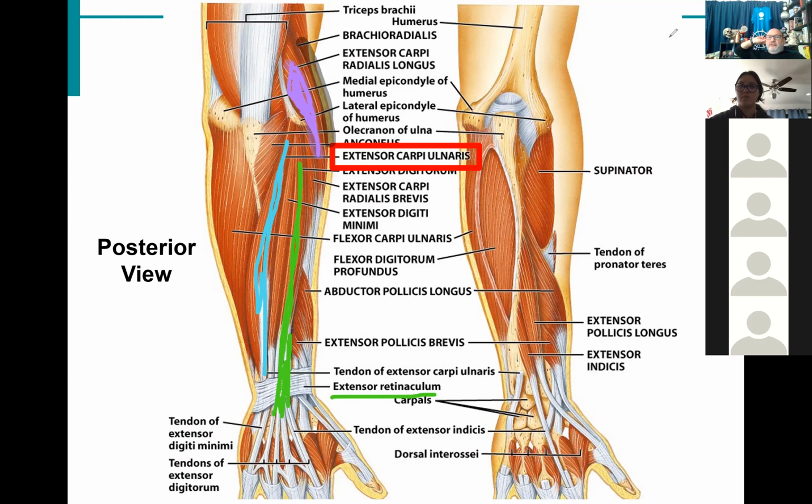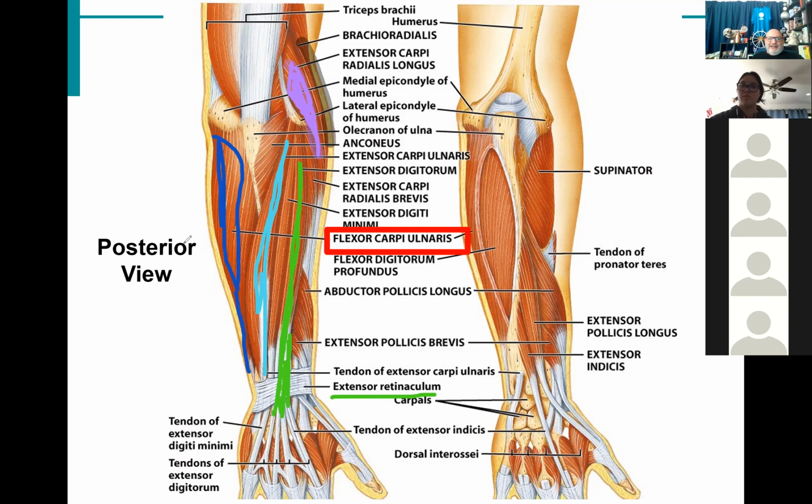Now, notice from this posterior view, I can also see most of that medial belly that is the flexor carpi ulnaris. But remember, it's not about where the belly is, it's where its tendon goes. And notice here, we can see the tendon is going to the front side of the pinky.